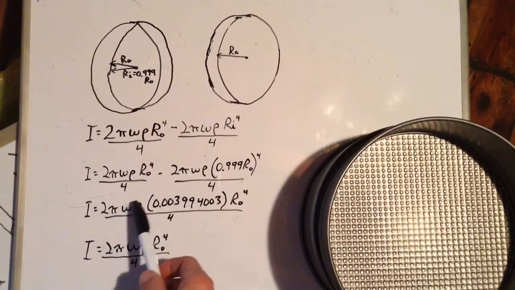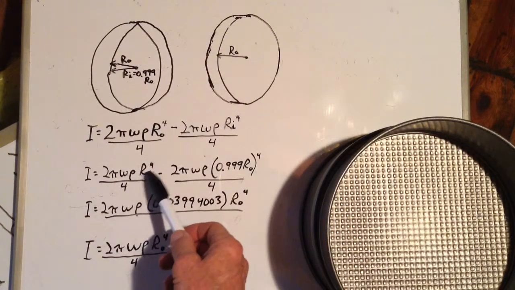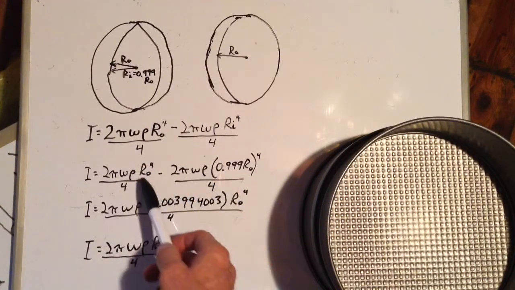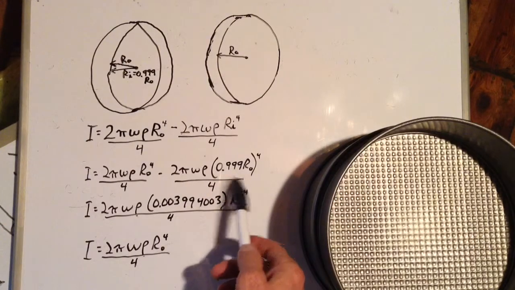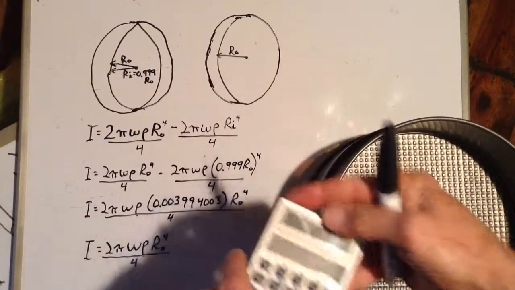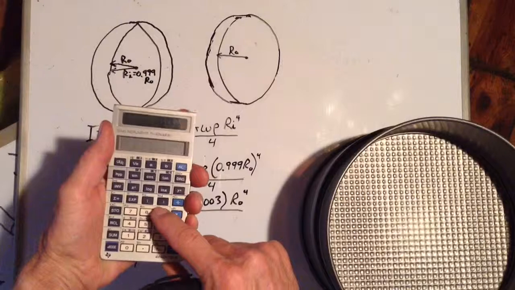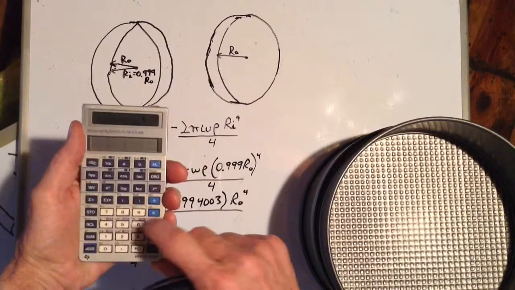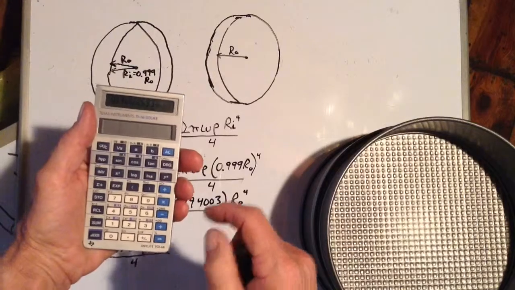So what we have is 1 to the 4th power minus 0.999 to the 4th power. 0.999 to the 4th power equals 0.99600, blah, blah, blah.